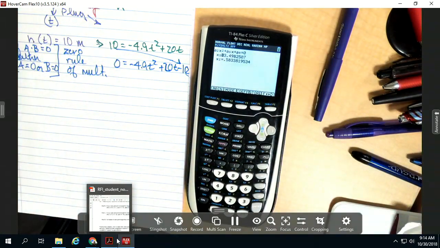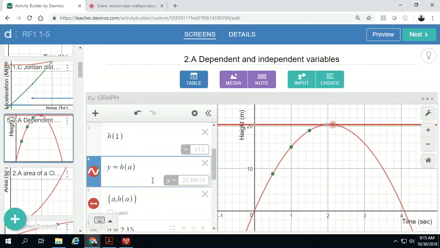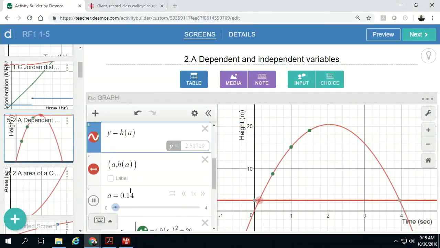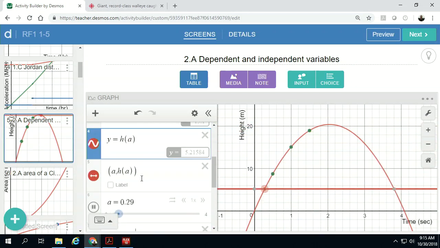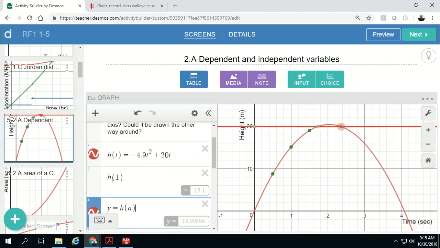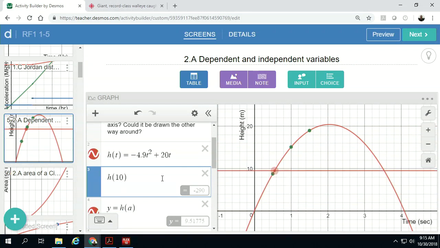And it tells me my two roots are at 3.49 and 0.58, which you saw on the graph here, right, when we had y equals 10, wherever we had it. Oh, that's not right.